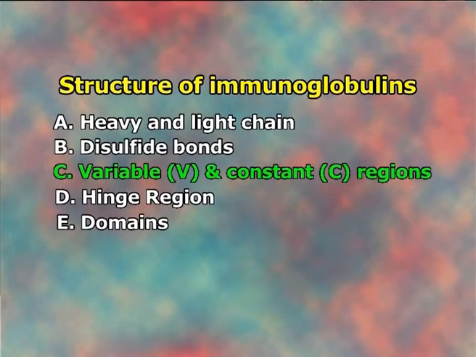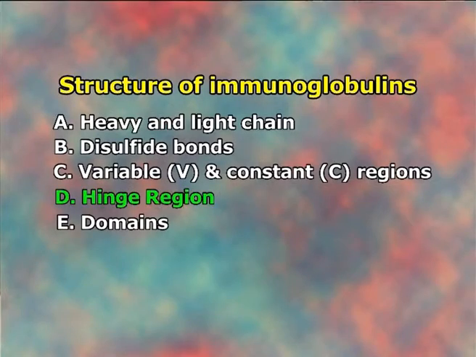Variable and constant regions, denoted by capital V and capital C. When the amino acid sequences of many different heavy chains and light chains were compared, it became clear that both the heavy and light chain could be divided into 2 regions based on variability in the amino acid sequences.